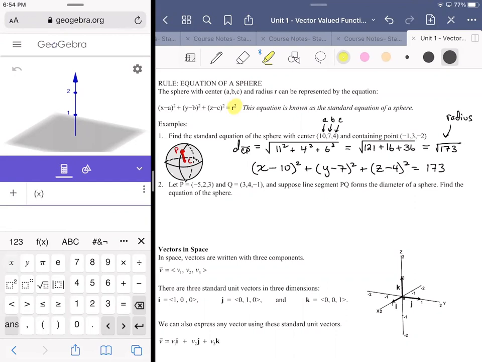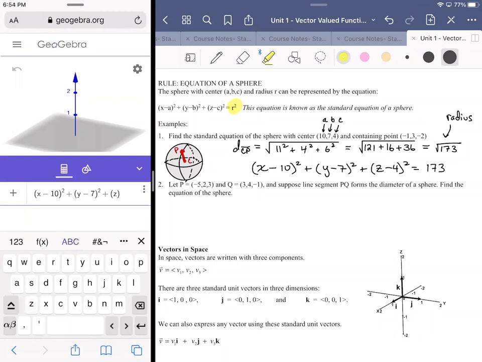So x minus 10 squared plus y minus 7 squared plus, it doesn't have a z on the home page.